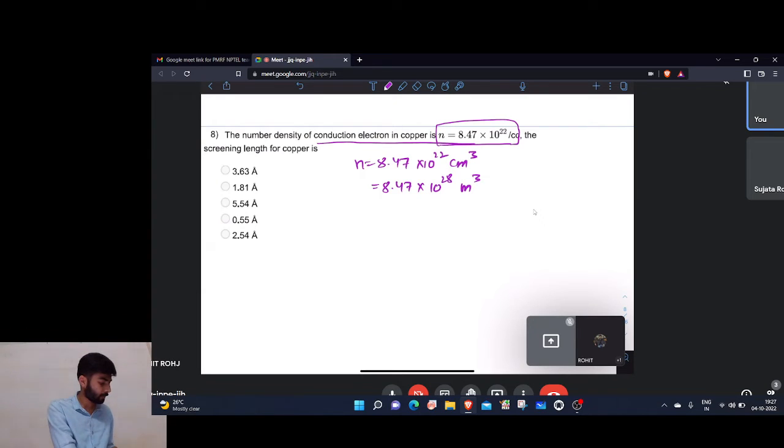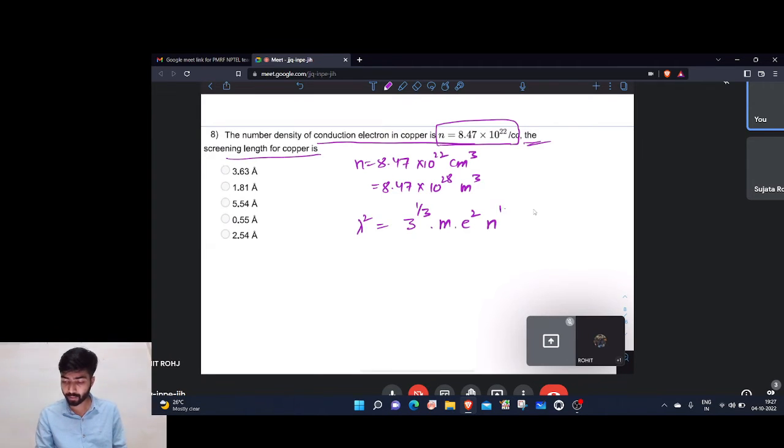And lambda square can be written as follows. Since we are to find the screening length of copper, we are bound to find 1 by lambda, and there is an expression for screening length which relates to the number density of electrons: 1 by 3 multiplied by mass of electron times charge square, n is the conduction electron density, divided by epsilon naught h cross square pi raised to the power 4 by 3.